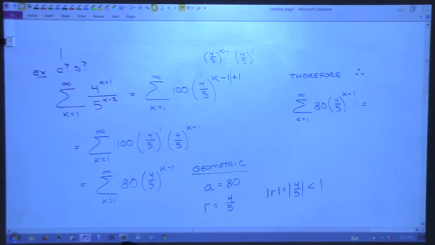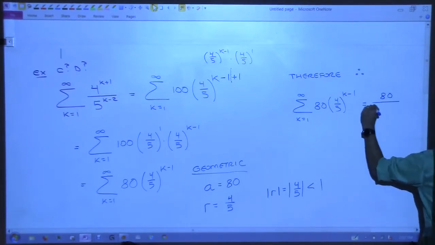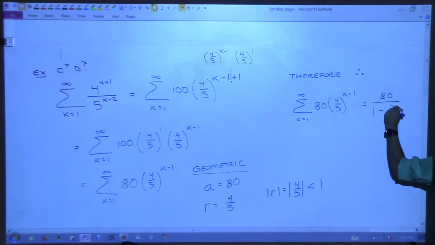What is that thing headed to? I'm going to put equals. What is it headed to, according to the formula on your sheet? A over 1 minus R, right? Doesn't it say that? That this thing sums up to be A over 1 minus R. So what's A? 80 over 1 minus 4/5.